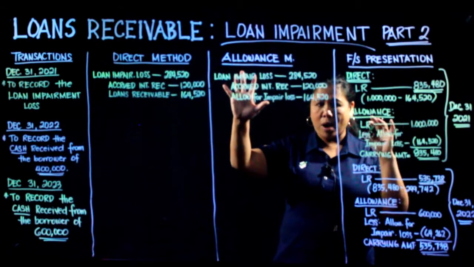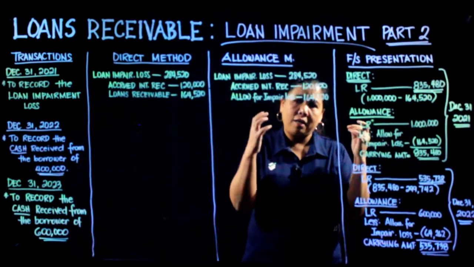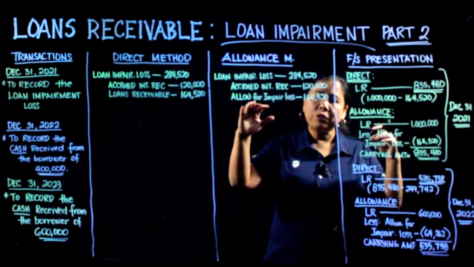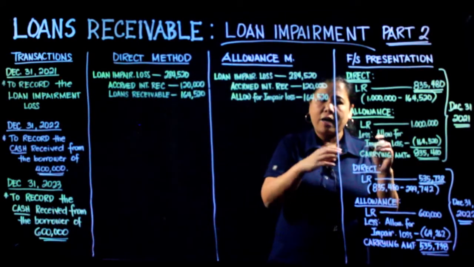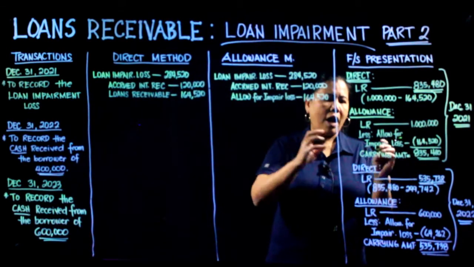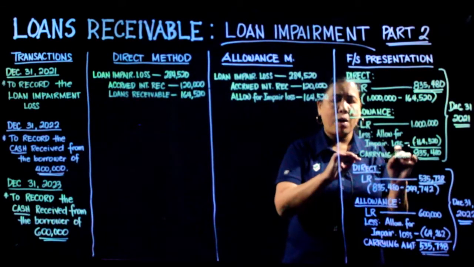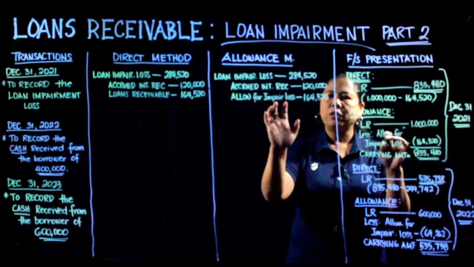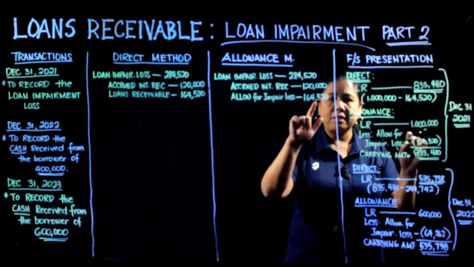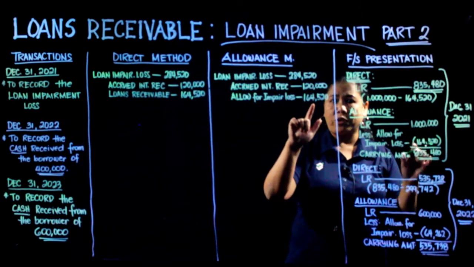Hindi natin siya binawasan. But on allowance method, we have created an account called allowance for impairment loss. Alright? Itong allowance for impairment loss, yan ay contra account ng loans receivable. I-represent mo itong account na ito as deductions to your loans receivable to get your carrying amount. So our allowance for impairment loss is 164,520. Yan ang ililess natin sa principal amount to get our carrying amount of 835,480.